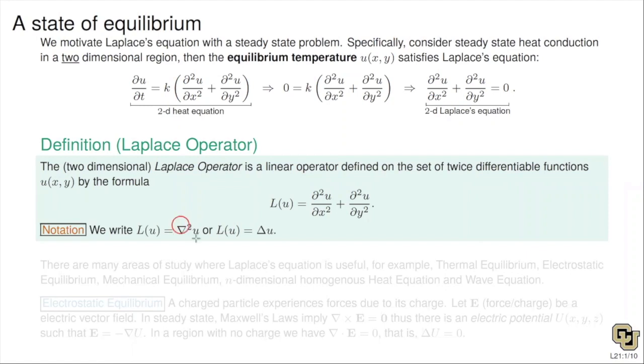In Calc 3, you might see this nabla squared for the Laplacian. More commonly in PDEs, it's written this way with a big capital delta here. And this is typically in PDEs how we write Laplace U. And that thing is called the Laplacian, is what folks will refer to it as in PDEs.